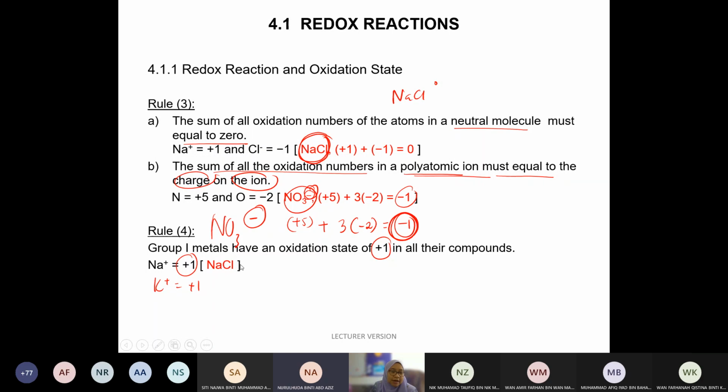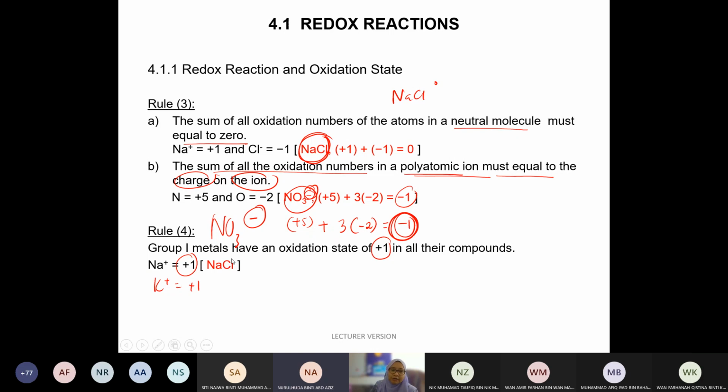This is the application of the oxidation state that was just explained. Okay, in sodium chloride, the oxidation state of sodium is +1. Chloride is -1. So it is the same as the statement given earlier.